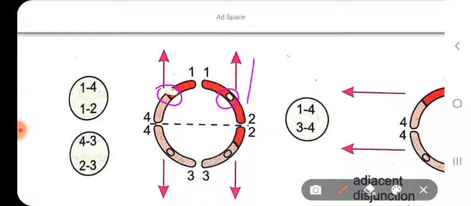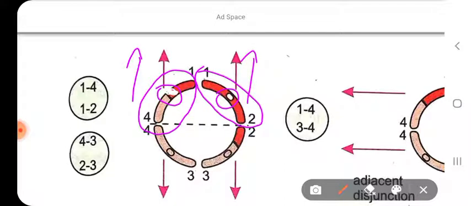But when they are moving to the same pole, one of the chromosomes is normal and the other chromosome is translocated, although they have these homologous centromeres. So the homologous centromeres are moving to one pole, and the other two homologous centromeres are moving to the opposite pole. In this sense, you can call it adjacent type 2 segregation.